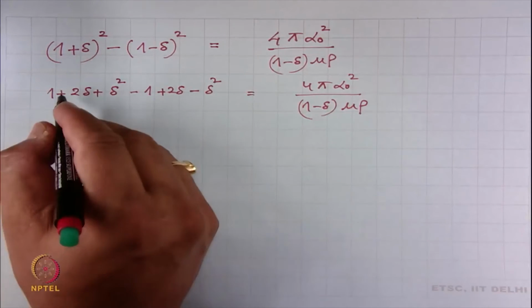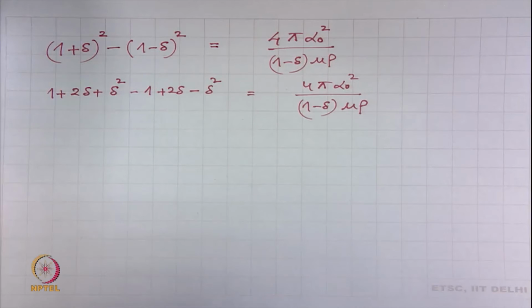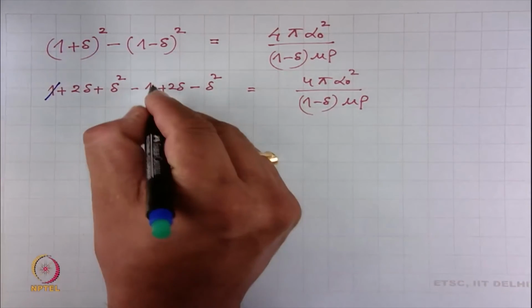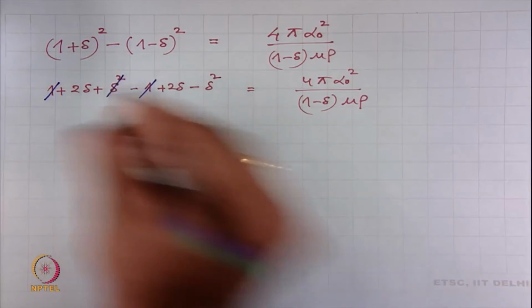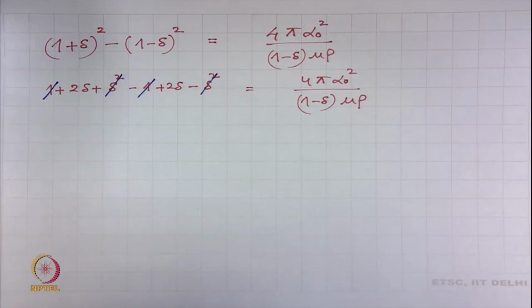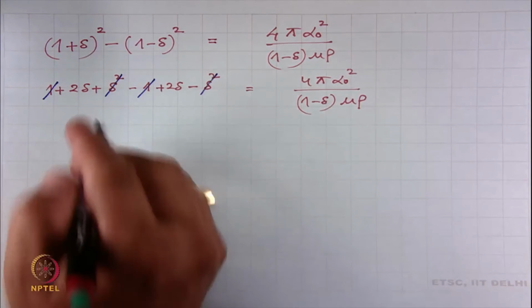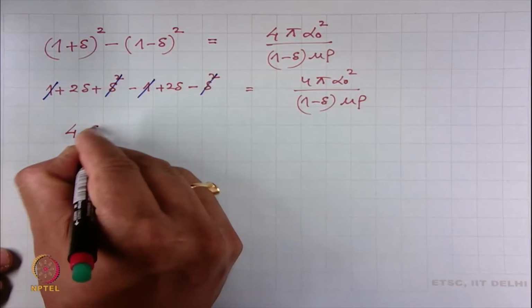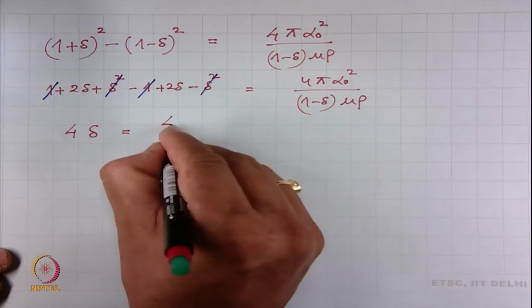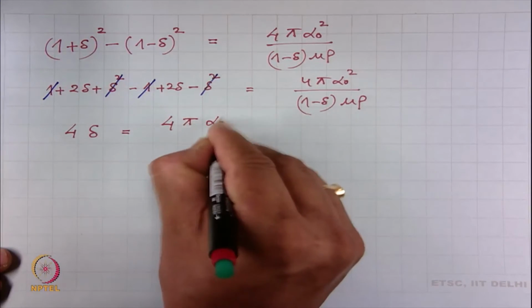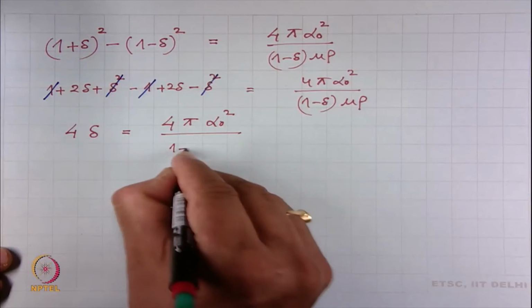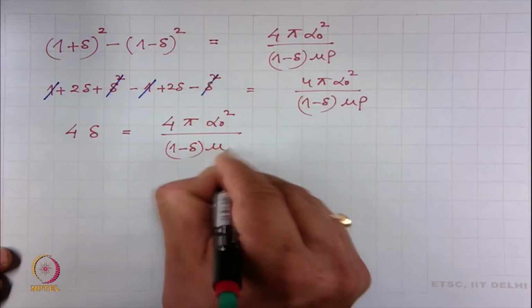So, what we see here, these terms are cancelling out. So, what we obtain is 4 delta is equal to 4 pi squared 1 minus into p.